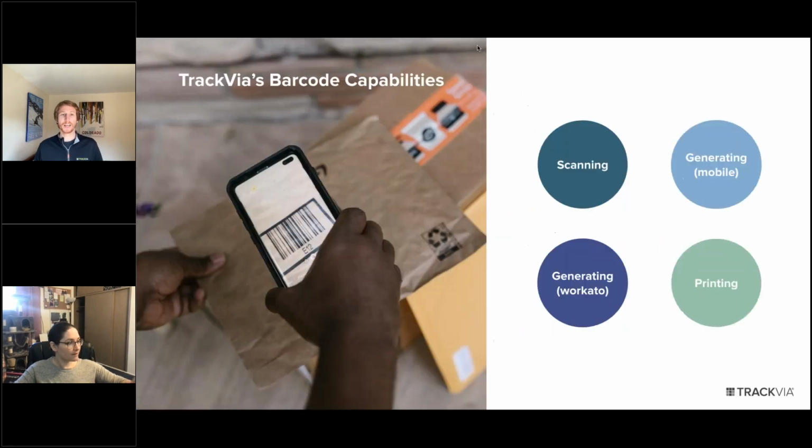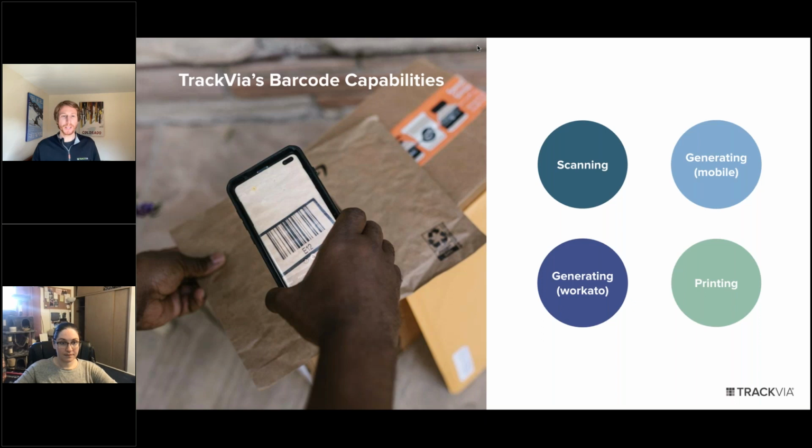All right, let's talk about how TrackVia can be used with barcodes. When we think about the capabilities that TrackVia has, it can really be broken up into 2 groups. The first group of functionality is around scanning, using the mobile device to scan a barcode, just like this person is doing in the picture.